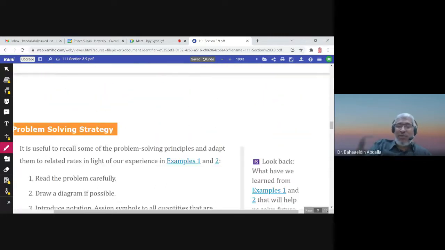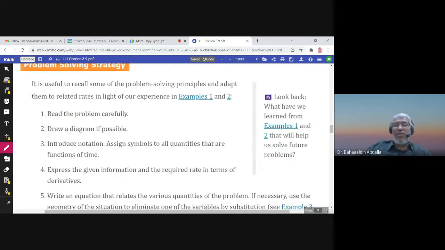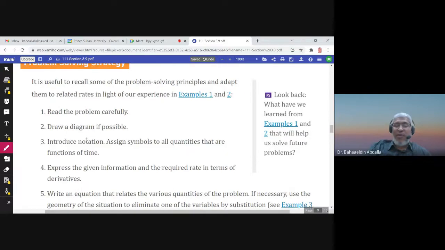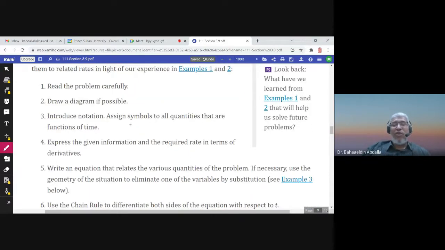Another question. So these are the steps we do. Okay, we read the problem carefully. We draw a diagram if possible. We introduce notation, assigning symbols x, y to the quantities that are functions of time. So all the quantities usually in the problem are functions of time.